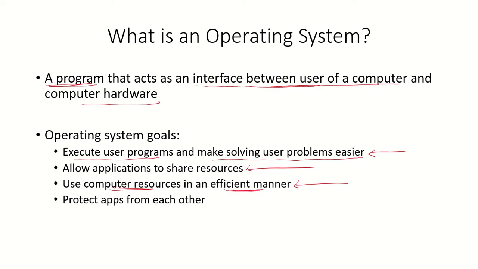That means the utilization of those resources is to the maximum. The next goal of the operating system is to protect the applications from each other so that they run with complete security and privacy. So these are the features of the operating system and a basic introduction. We would look more into the details in coming lectures.